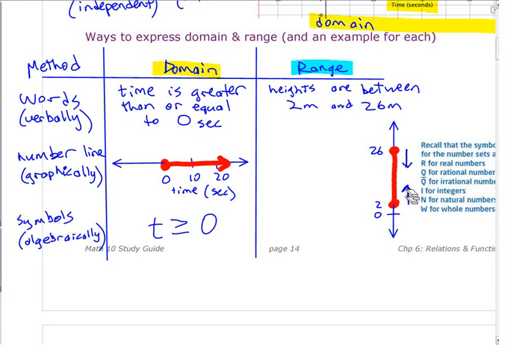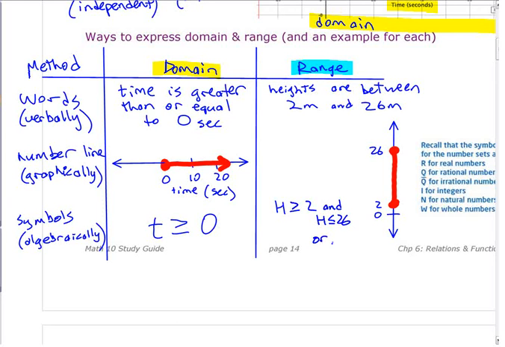It's greater than 2 and it's less than 26 at the same time. You could do this and say h is greater than or equal to 2 and h is less than or equal to 26 if you want. You could say it as two inequalities that you combine together like that.